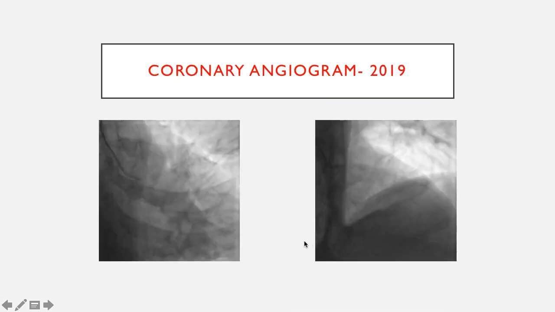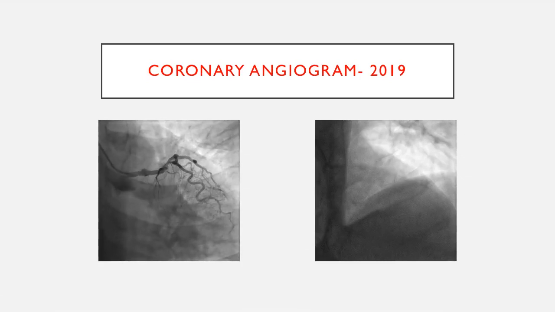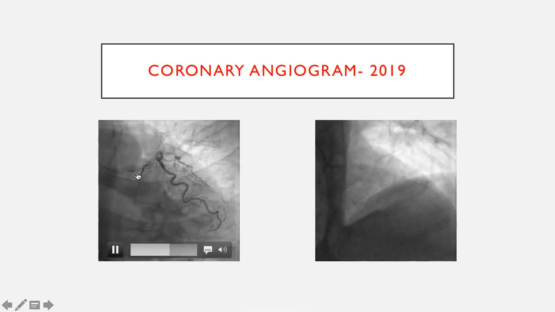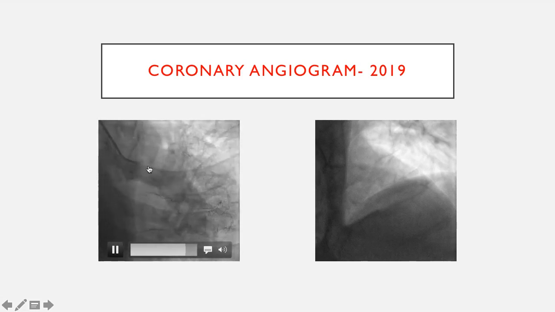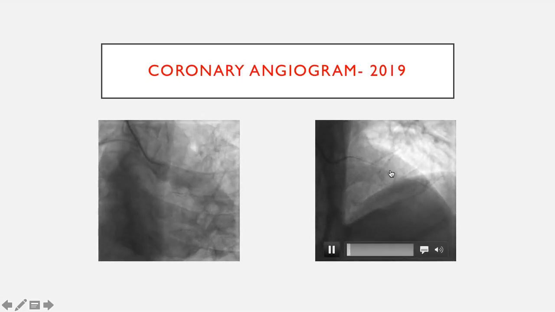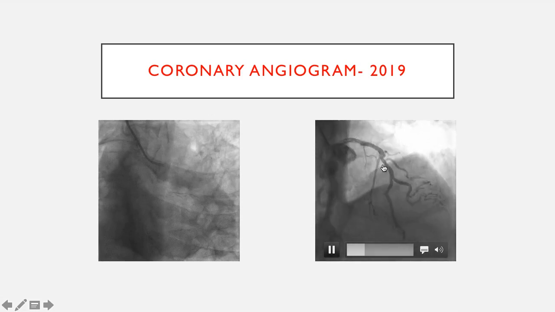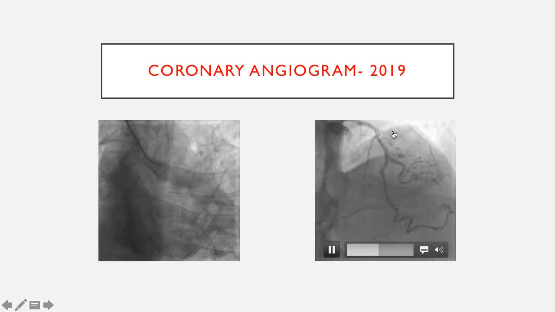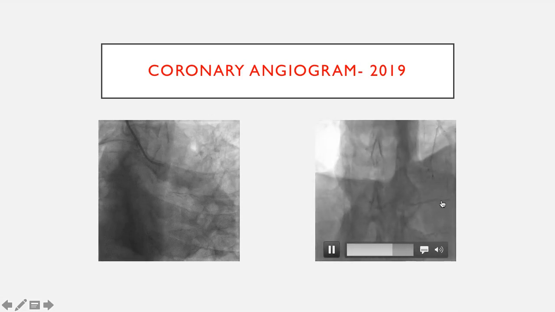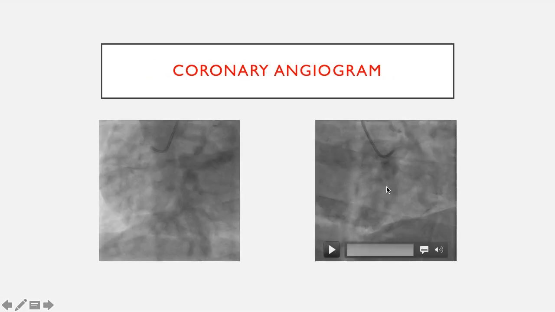And this is a coronary angiogram done now, which shows that LCX is not coming, it's only LAD, showing an intermediate lesion, or 40 to 50% lesion, in the proximal LAD, and RCA is filling from LAD.